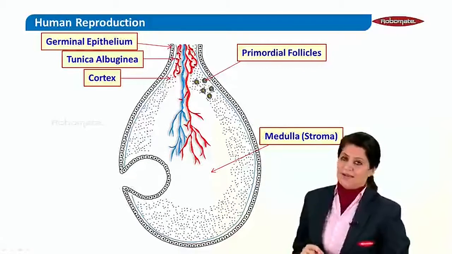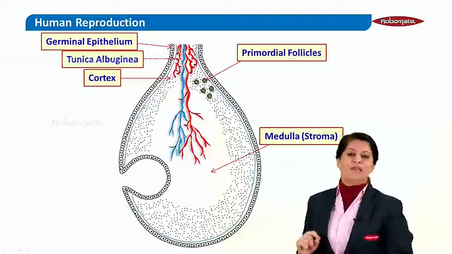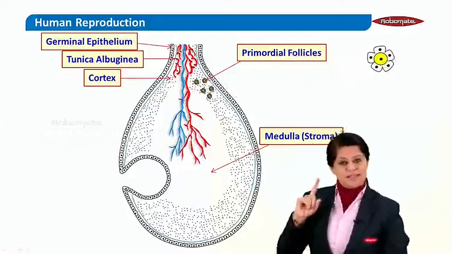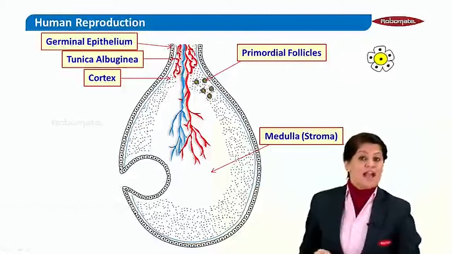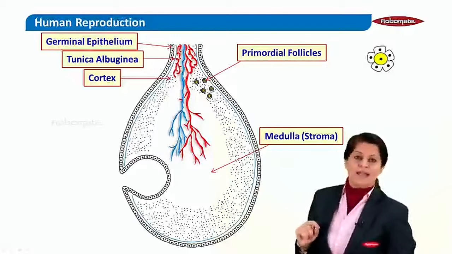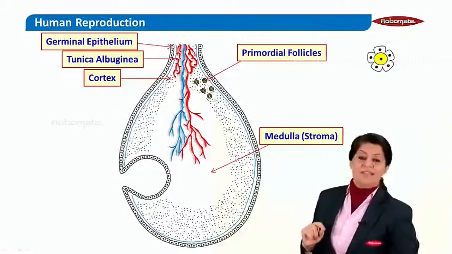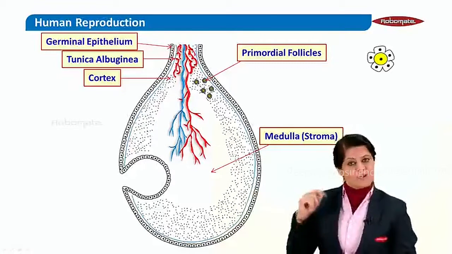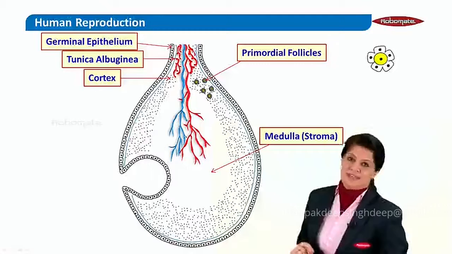How do these follicles look? Let's have a look at one of them. That's a primordial follicle, which has an egg in the center surrounded by cells which we call follicular cells or granulosa cells, because they have granules present in them.